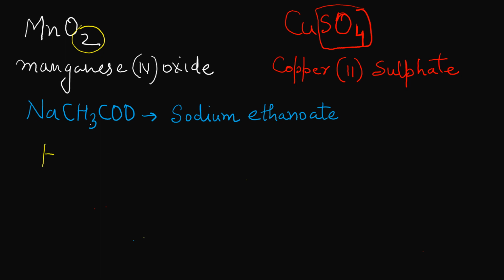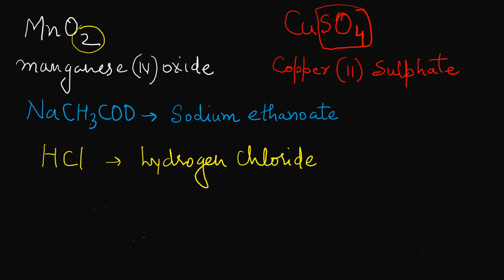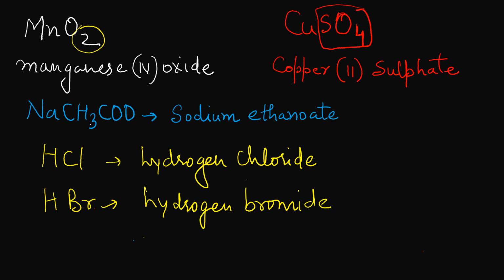Let's say if it is HCl, we can write it following the rules for the ionic compounds. So H means hydrogen, Cl is chloride, hydrogen chloride, right? Like that, if it is HBr, we can write hydrogen bromide. But still, these have specific names and rules we will be covering later in the acid bases naming video.